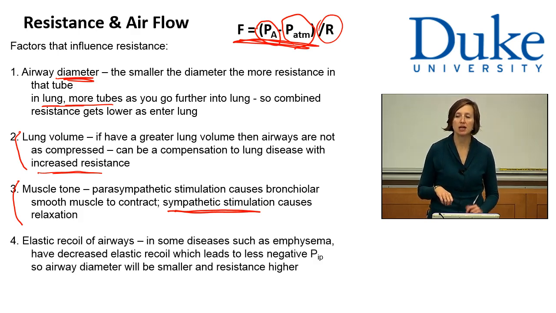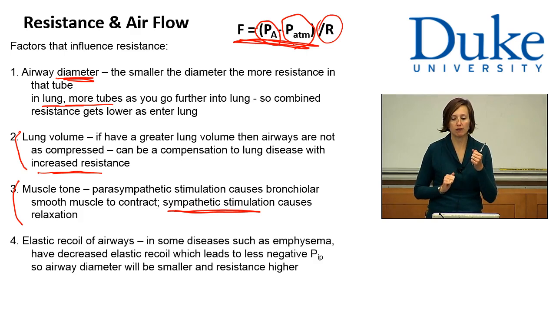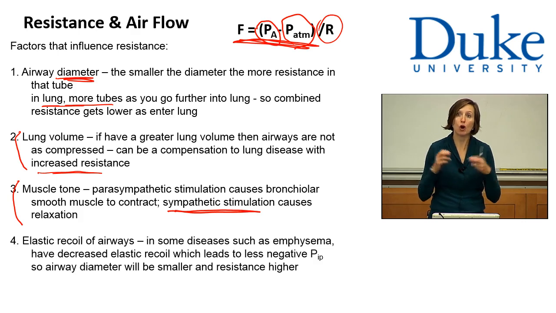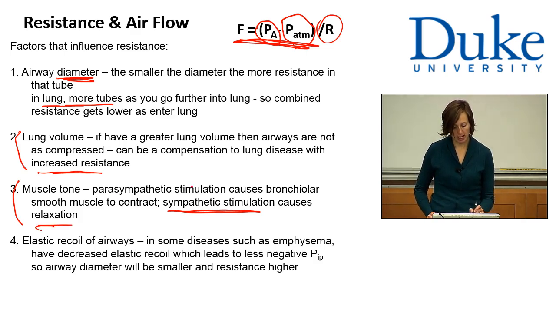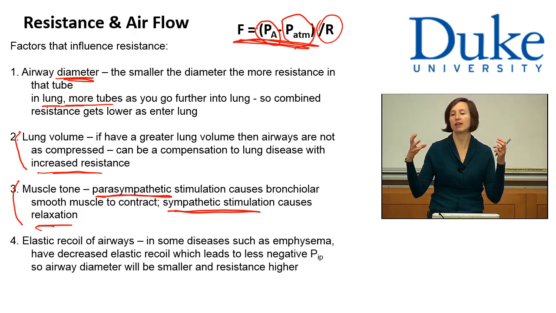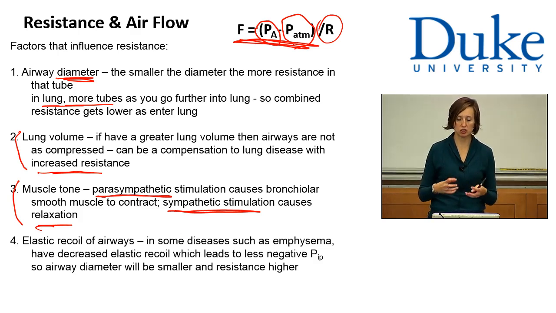This makes sense. If you're doing fight or flight, you're going to want to open up your airway so that you can get air into the lungs, and so you're going to want relaxation, in contrast to when you have parasympathetic stimulation, you can have that smooth muscle constricted and contracted.